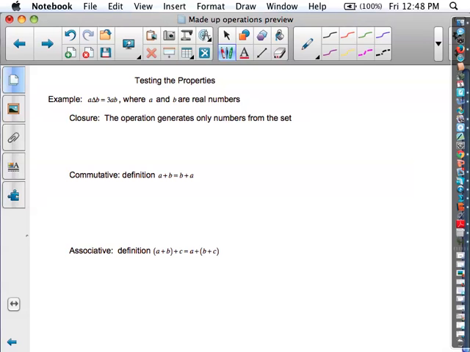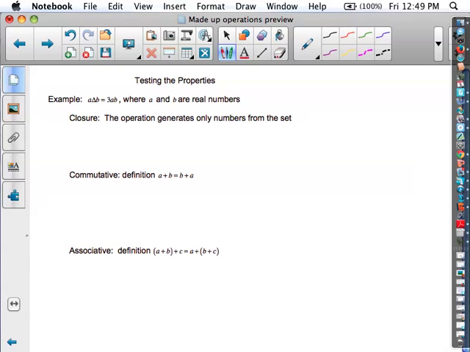So I have this rule, A delta B equals 3AB. And what I want to do is test the properties that we have learned about: closure, commutativity, associativity, inverse and identity, and distributive property, to see if the operation delta holds true.